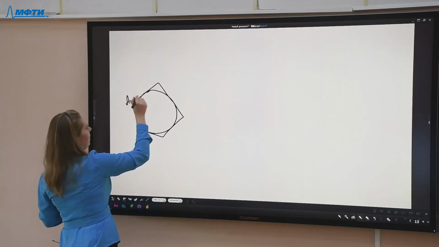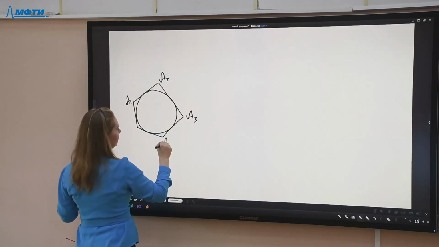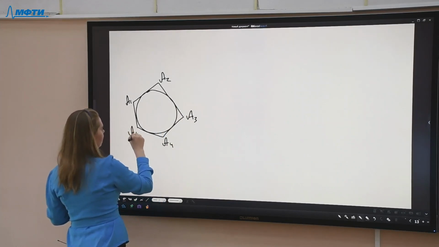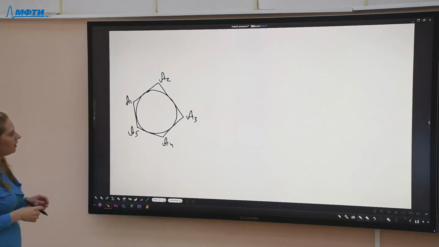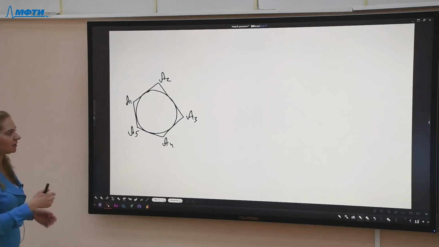So this is A1, A2, A3, A4, A5. Well, we say that this polygon is circumscribed with respect to the circle, and the circle is inscribed.